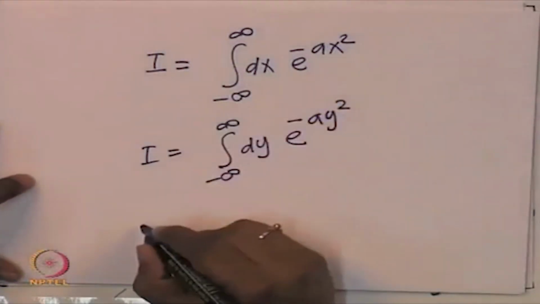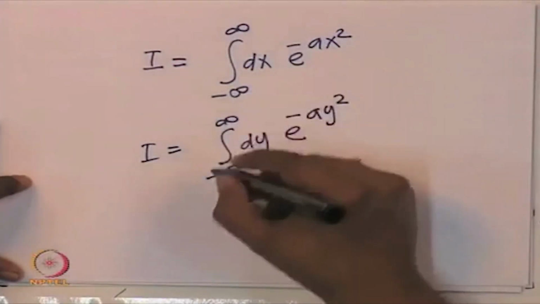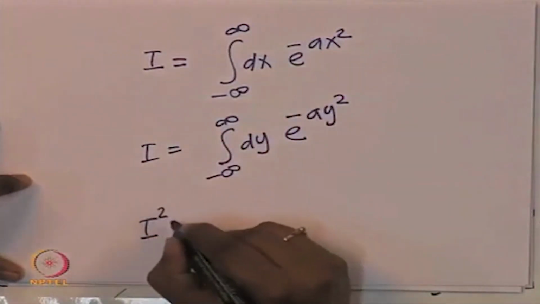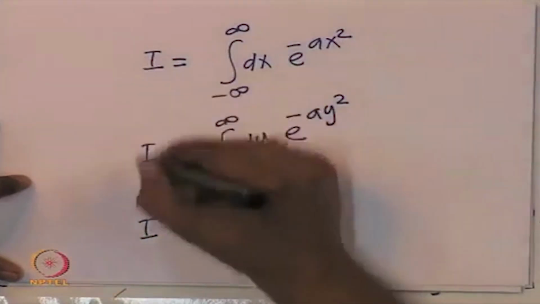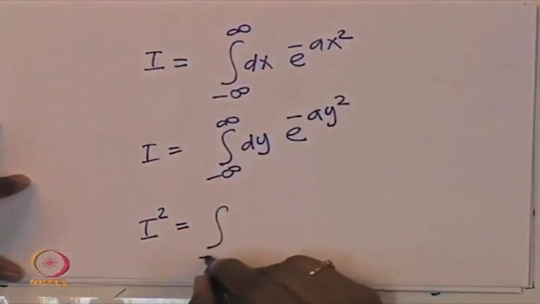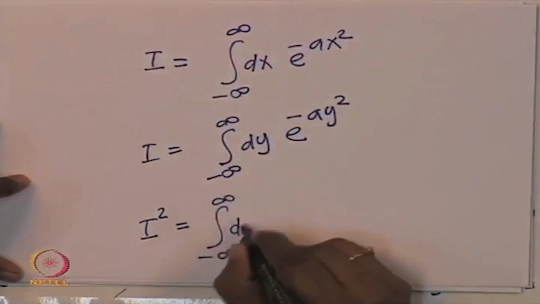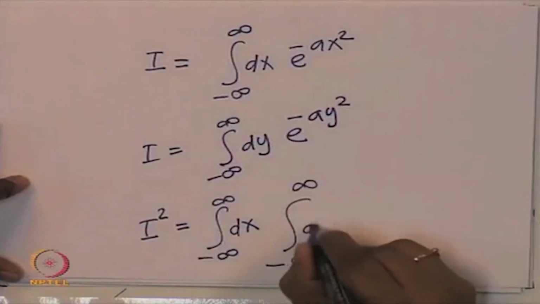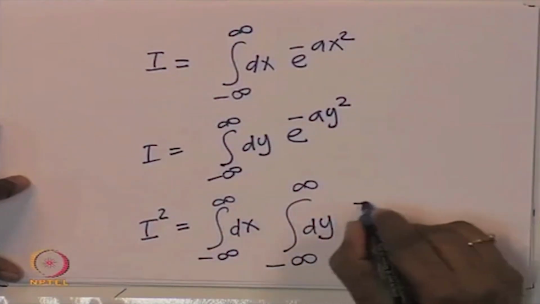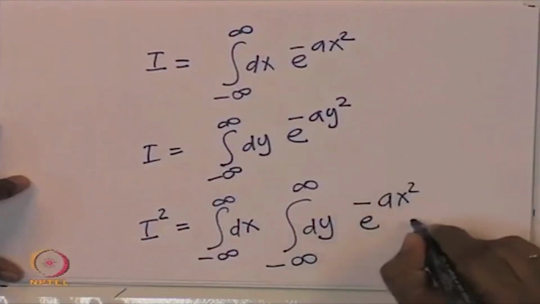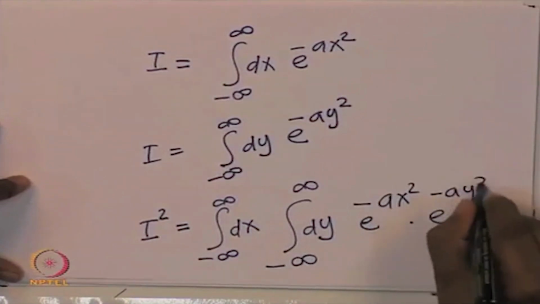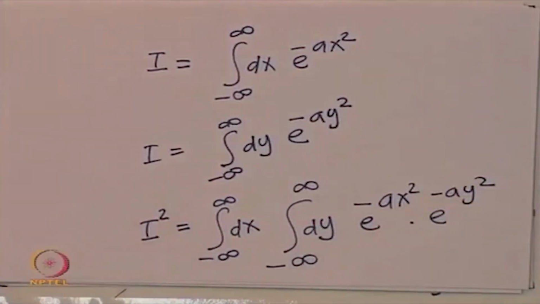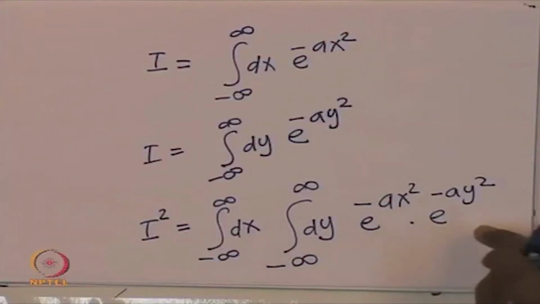Now I multiply these two, so that I get I² as the product, which is the integral from minus infinity to infinity of dx, times the integral from minus infinity to infinity of dy, e^(-a x²) times e^(-a y²). There is some reason for me to write it like this.